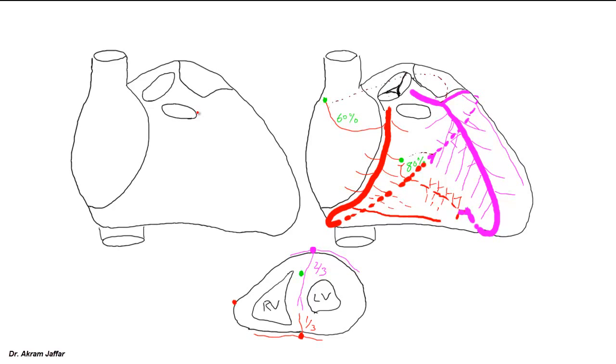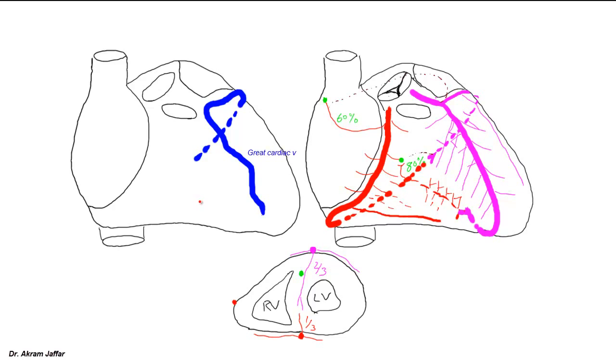The veins of the heart, in many situations, follow the arteries, but they carry different names. In the anterior interventricular groove, there is a vein that accompanies the anterior interventricular artery, left anterior descending. This vein is called the great cardiac vein. The great cardiac vein winds around the left margin of the heart and accompanies the circumflex artery of the left coronary artery.